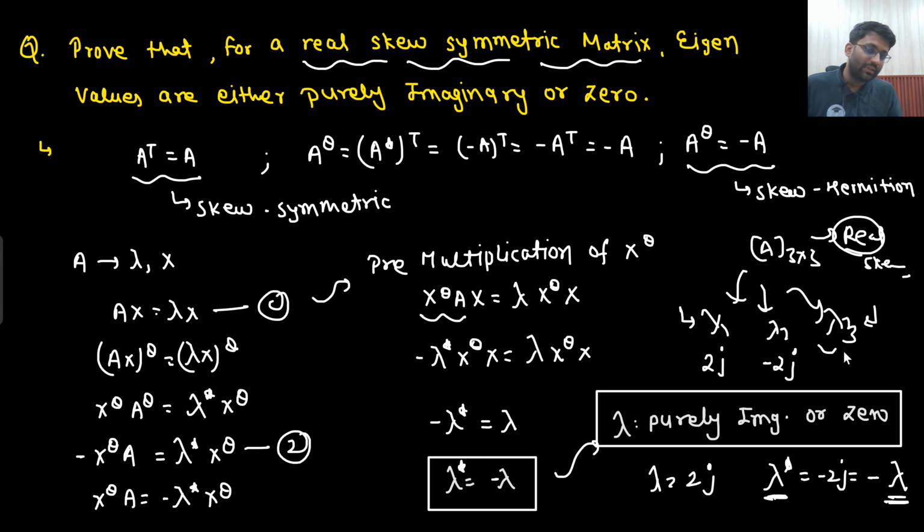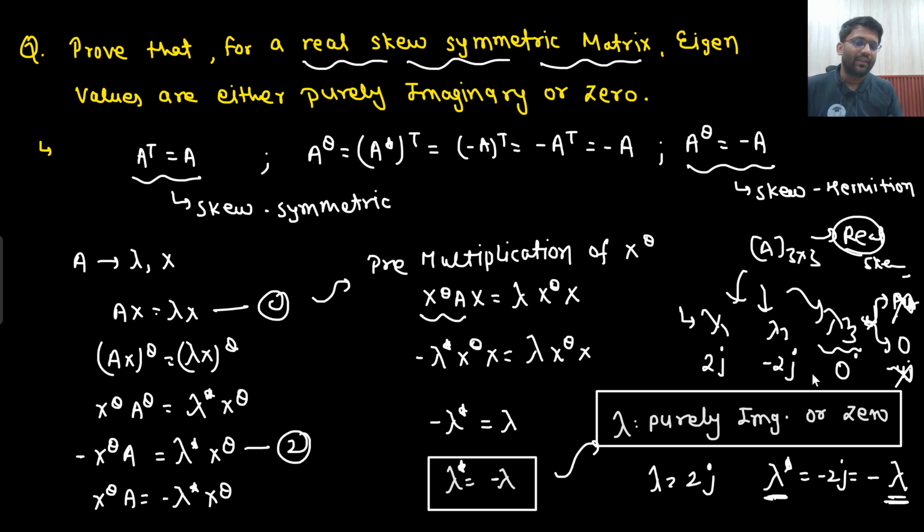Now can you comment about the third eigenvalue? What options are you having? Either it could be purely imaginary, or it could be 0. Can it be a purely imaginary value? If it is purely imaginary, let's just say 4j, then where is minus 4j? Sir, it cannot be possible. That means it cannot be a purely imaginary value. That means the third eigenvalue has to be 0.